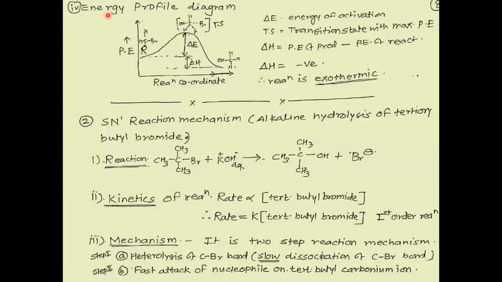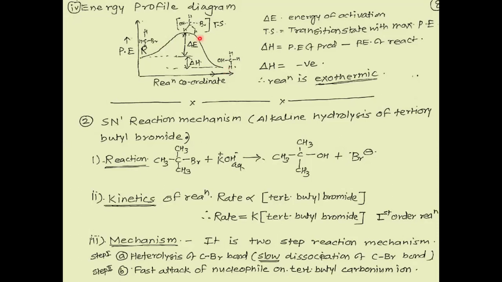Now next point, the energy profile diagram, EPD. What is an energy profile diagram? In this energy profile diagram, if potential energy and reaction coordinate, or rate of reaction, are plotted against each other on the y-axis and x-axis, then the graph comes in this way.